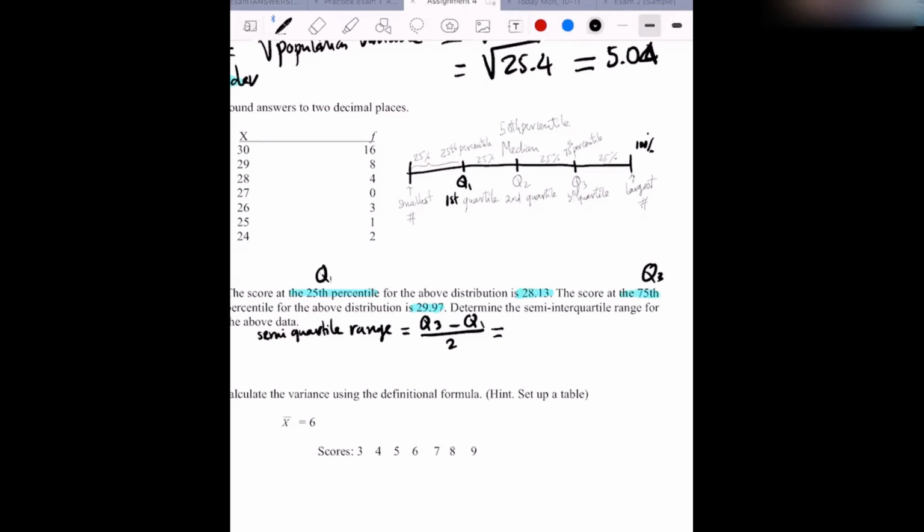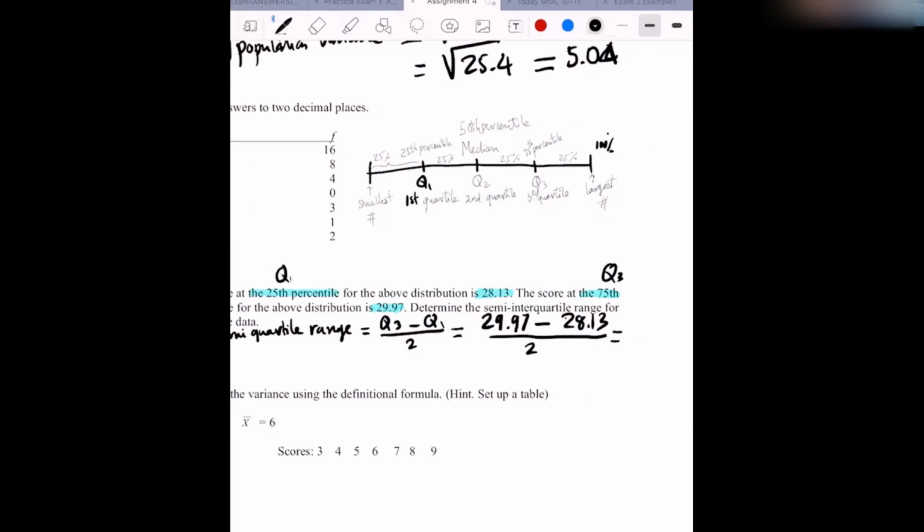Q3 is 29.97. You have to plug in the numbers, not the percentiles. Minus Q1, which is 28.13, divided by 2. Make sure that you subtract first and then divide. Then you will get 0.92 if you round it. So that's the answer.